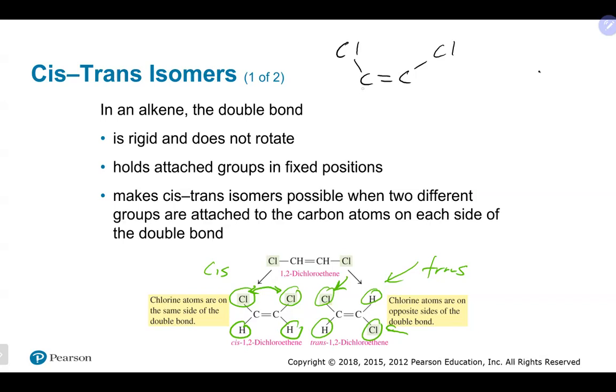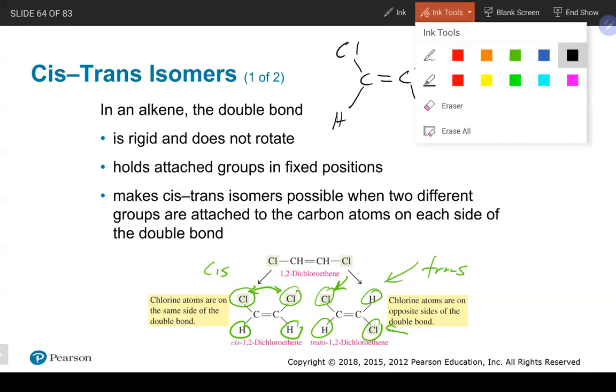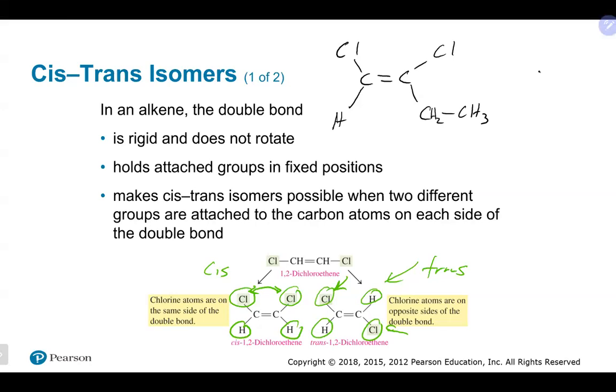Actually, I'm going to change it just a little bit. I'll do an H, do a CH2, CH3. If we look at this one that I just drew, this would be cis or trans.